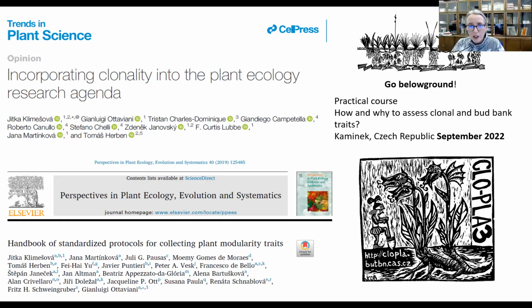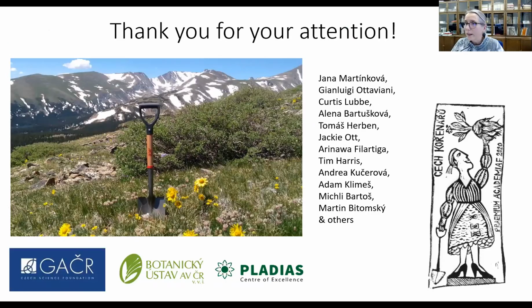So we are trying to teach people to recognize these organs and to study them. We published a handbook of standardized protocols for collecting these traits. We are organizing a course, Go Below Ground, where you can try measurements of these belowground traits. And that is all. Thank you for your attention, and thank you to all my collaborators for contributing to this lecture.